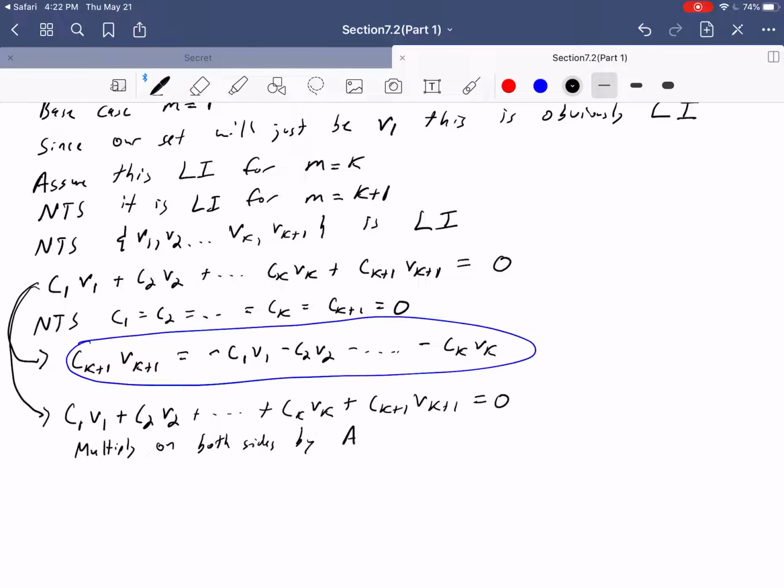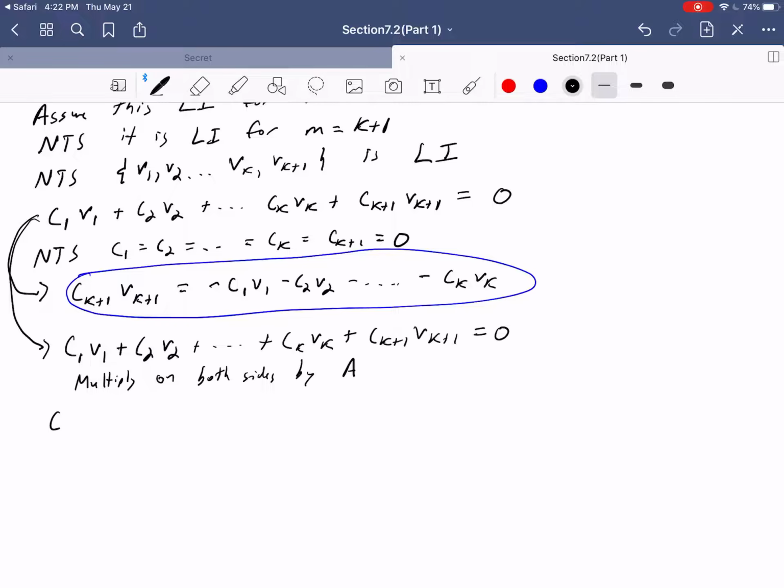by A. So we would get c1 A v1 plus c2 A v2 plus ck A vk plus ck plus 1 A vk plus 1 equals, and then of course any matrix times the 0 vector is going to be that 0 vector. We can go ahead and write that out just so we can see that we're doing it on both sides, A times 0.